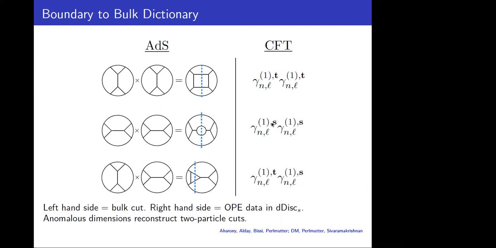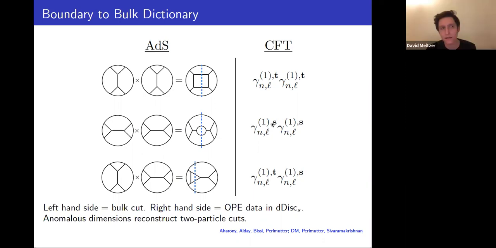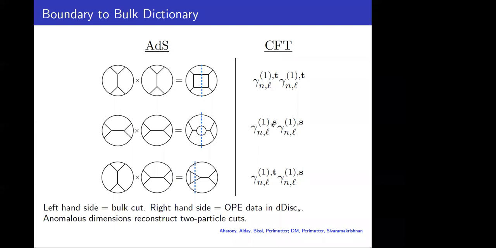What is the object? Should I take the answer to be the slide you have, that anomalous dimensions calculated from the bulk are easier to compute by these cutting methods than by doing the loop integrals?